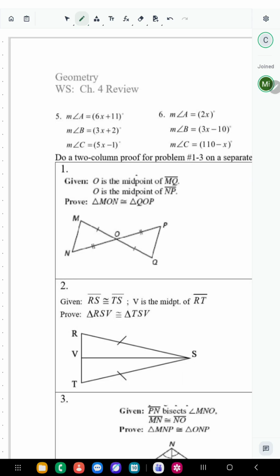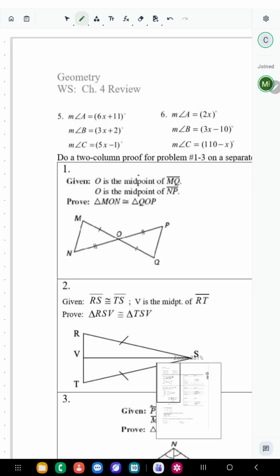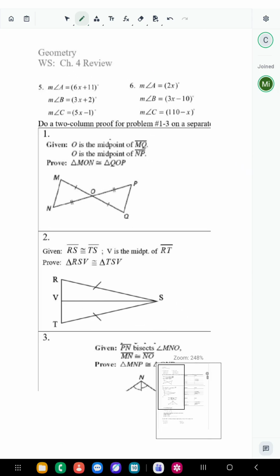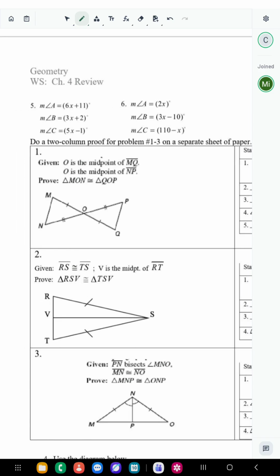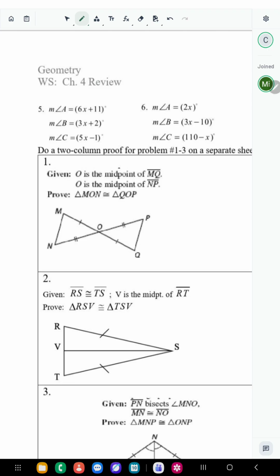Okay, number 5. This is the second page, right? What's the question here? Measure A. What's the question for number 5? We're only given the measurement of the angles. Is this to find x?